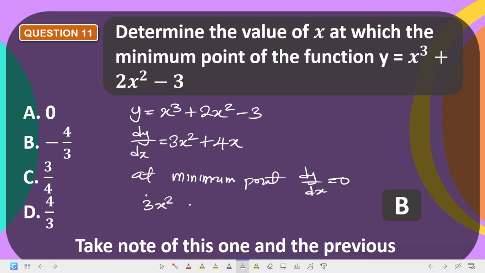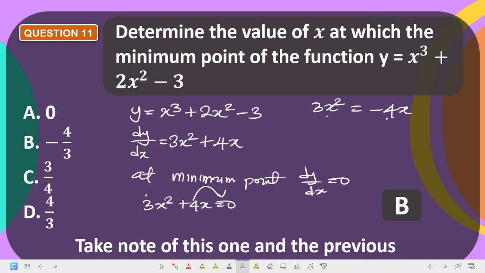So this becomes 3s squared plus 4s, and everything here will be equal to 0. Now, take this 4s to this side. This becomes 3s squared is equal to minus 4s.